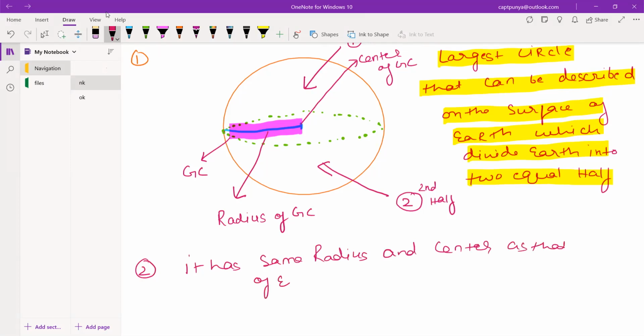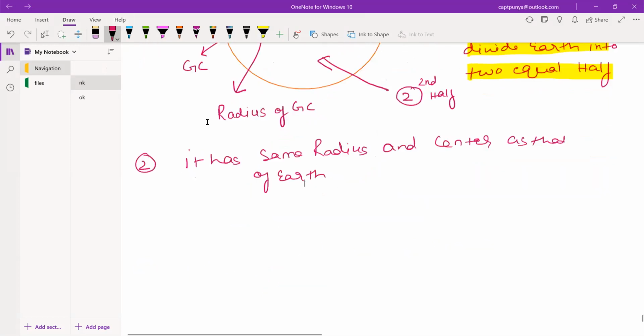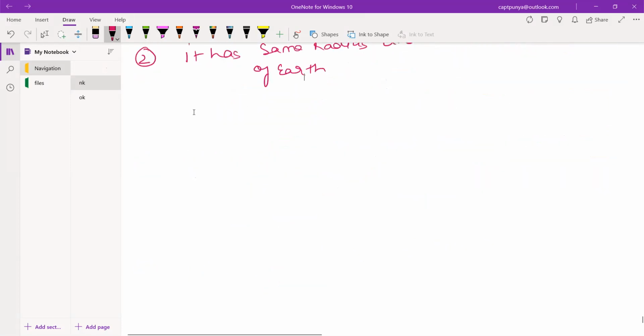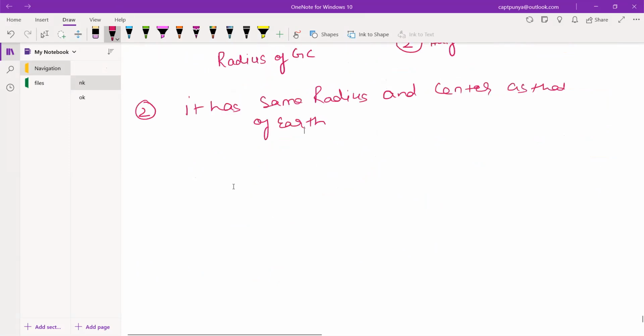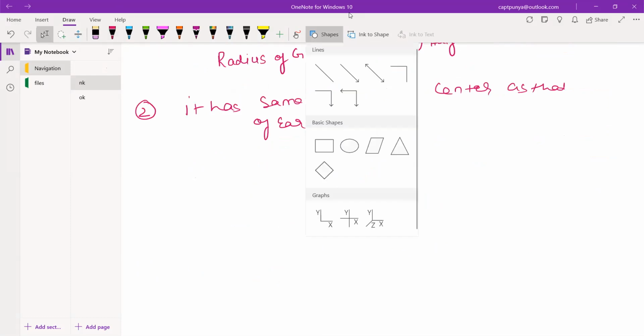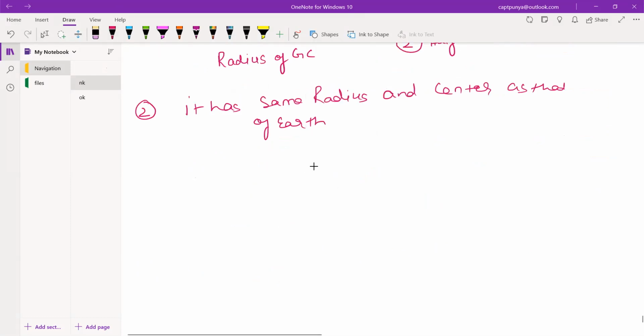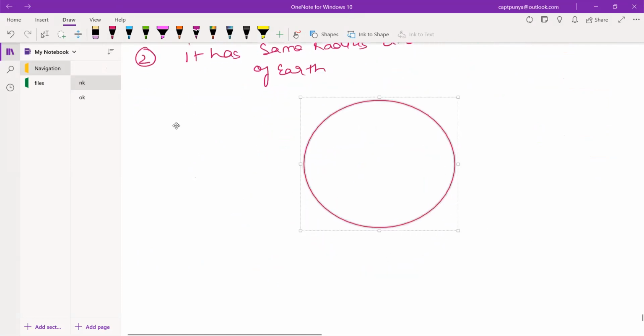Now guys, there can be an infinite number of great circles we can draw. Let me just draw some more for you guys so that you understand the basic definition of it. So here we take a circle. Suppose this is the earth, and I'm going to draw one more.